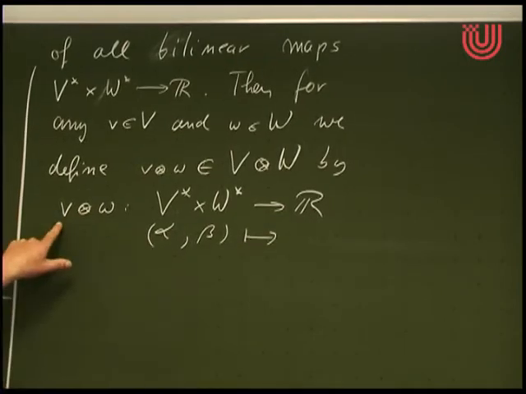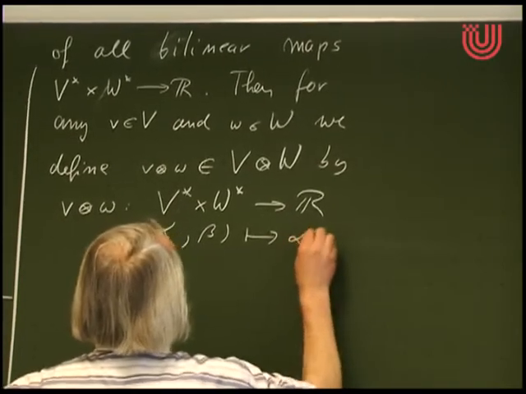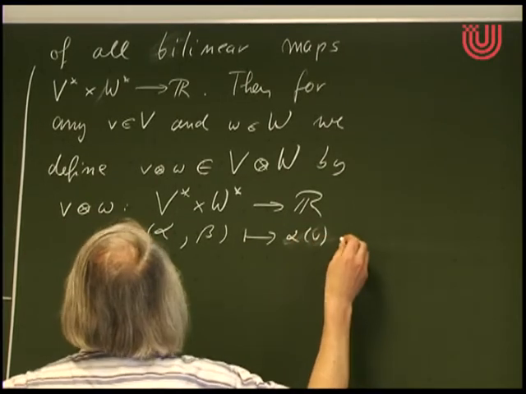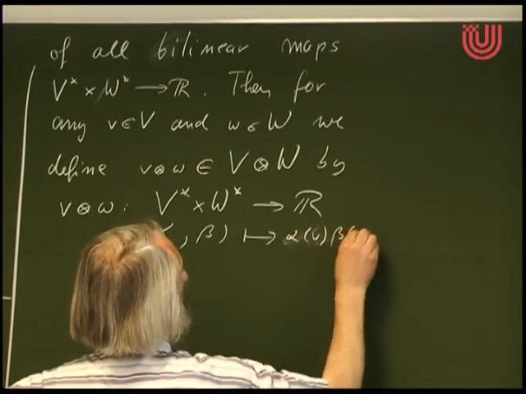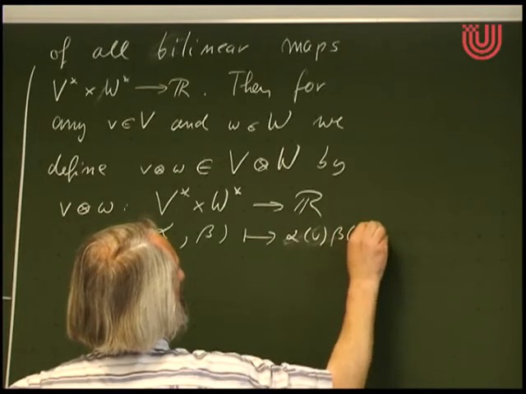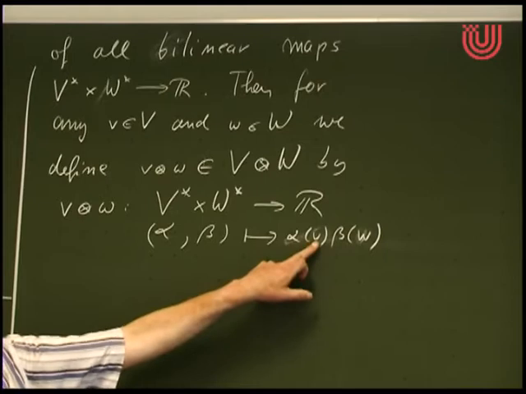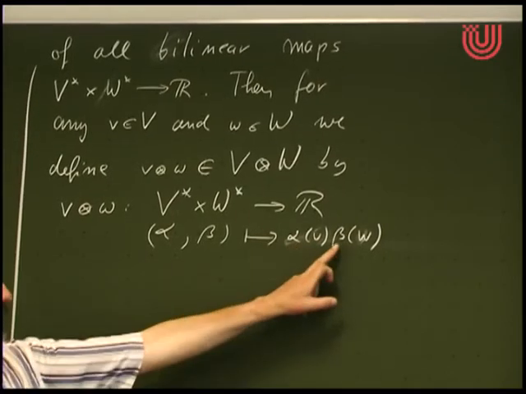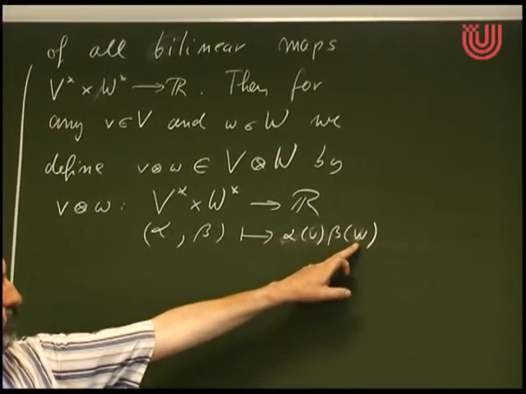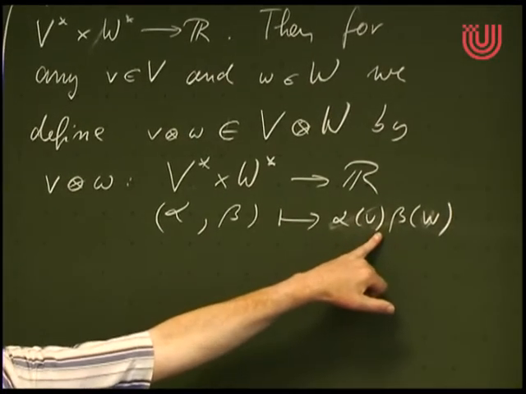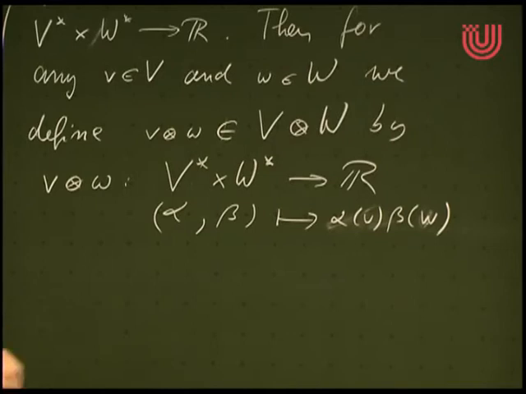Obviously I pair the alpha with v and I pair the beta with w. So I apply alpha to v and beta to w. This is a covector, so it eats vectors, gives a real number. This is also a covector, so it eats vectors, gives a real number. And these two real numbers can be multiplied together. And that's what the tensor product is.